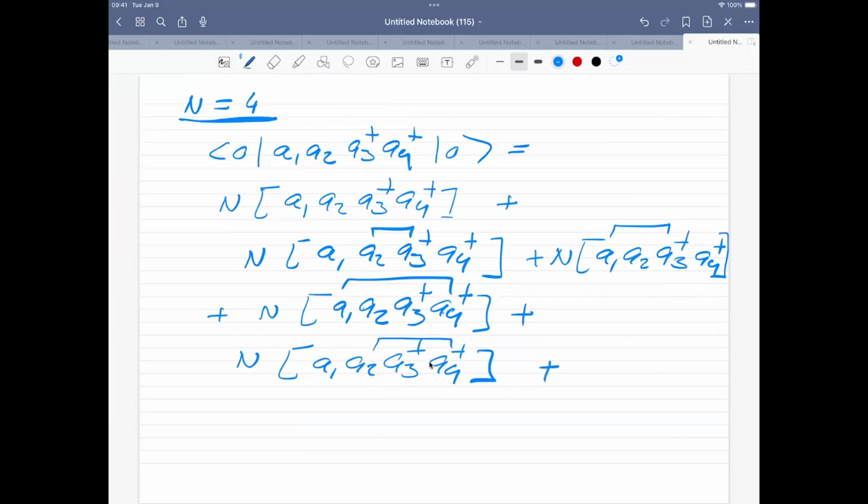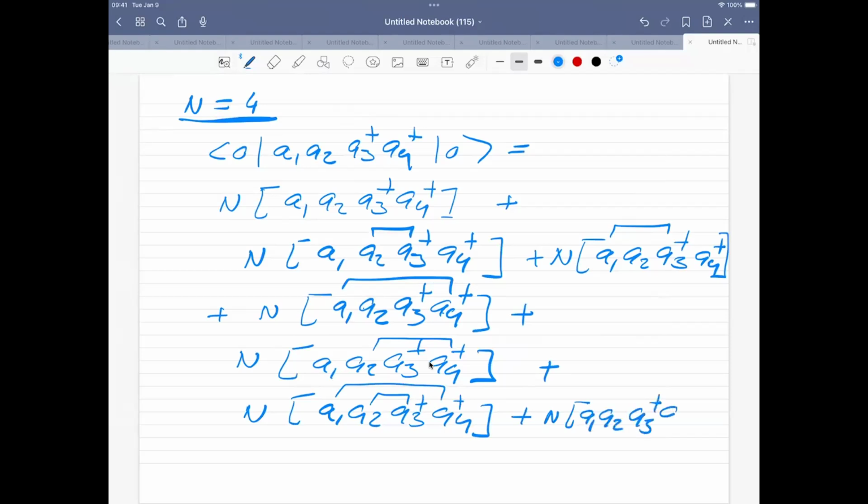And then we had the two cases where these operators are fully contracted. So we have this case and that one, plus an n of A1, A2, A3 dagger, A4, and then we contract this one with that one.